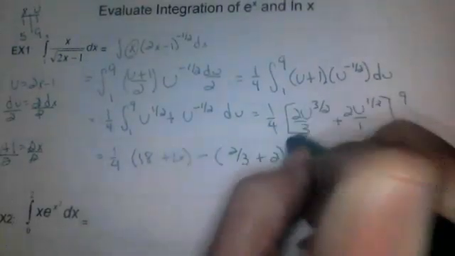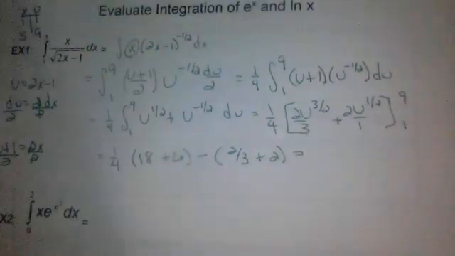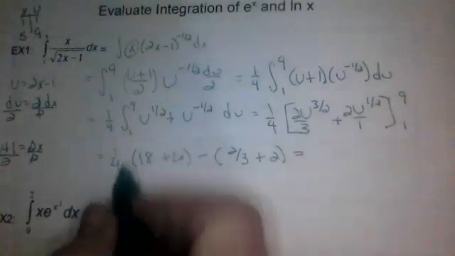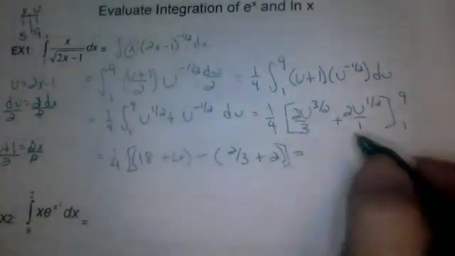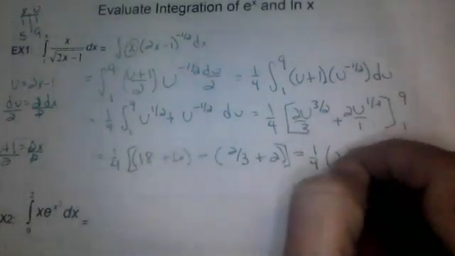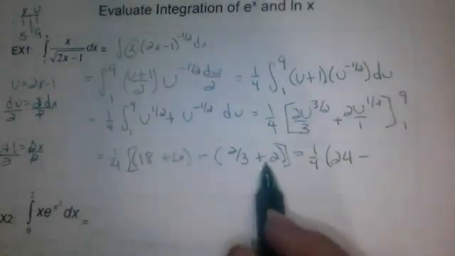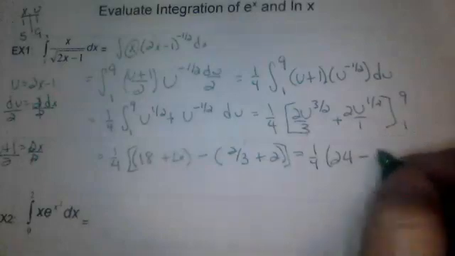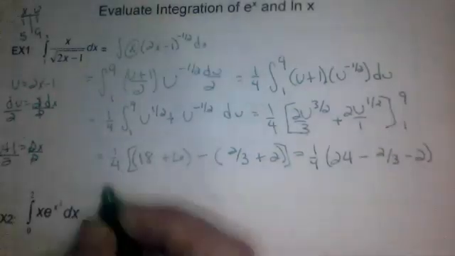I guess I need another bracket. All right, so I do need times 1/4. So 18 plus 6, so we're going to have 24 minus 2/3 minus 2. Oh, I could have done just minus 2/3 minus 2.